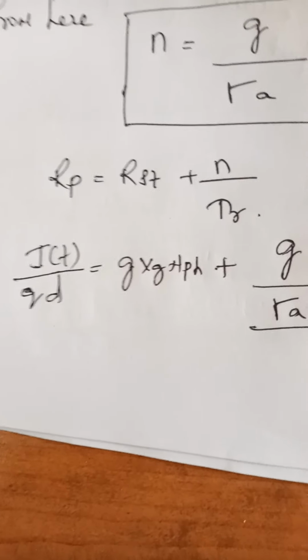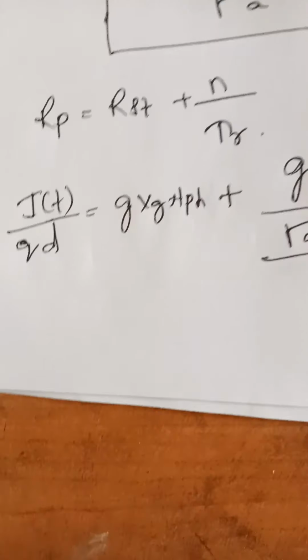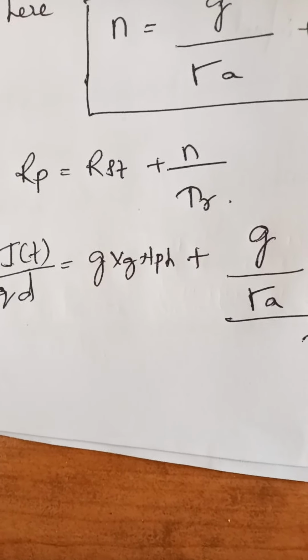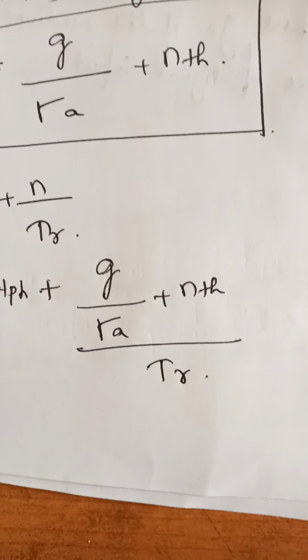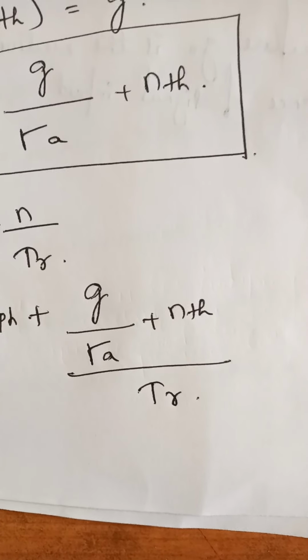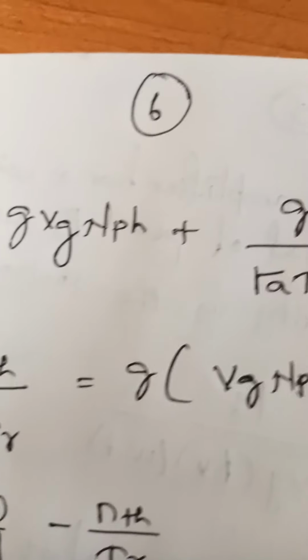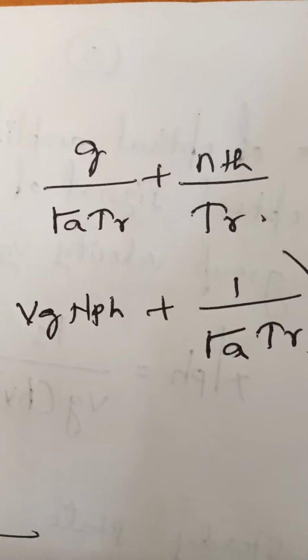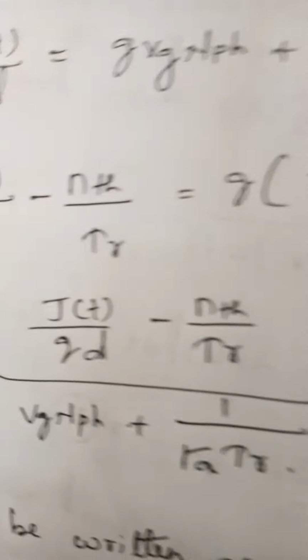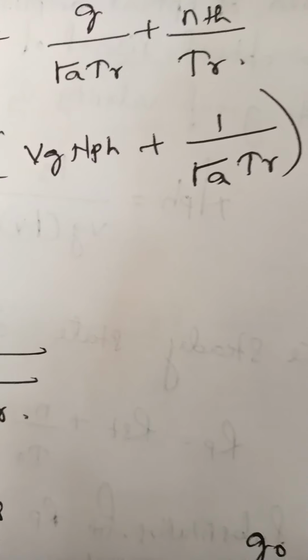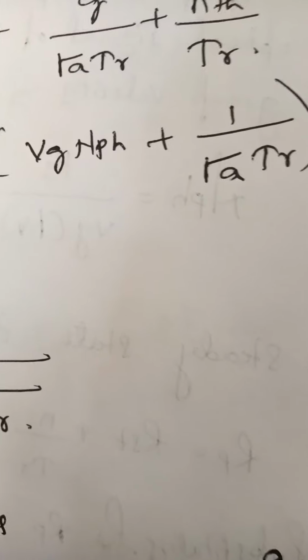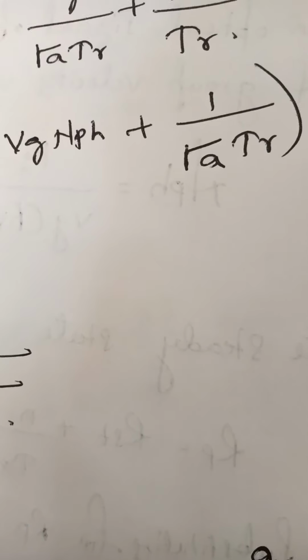We know that Rp is equal to Rst plus N/tau R. So substituting for Rp, Rst and N, we get J(t)/qd equal to G Vg Nph plus (G/(Gamma A) plus Nth)/tau R. So J(t)/qd minus Nth/tau R is equal to G times (Vg Nph plus 1/(Gamma A tau R)), just rearranging the equation.